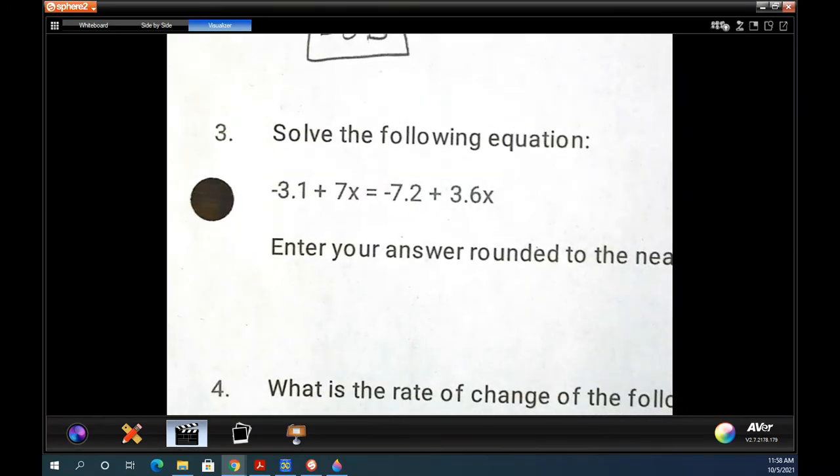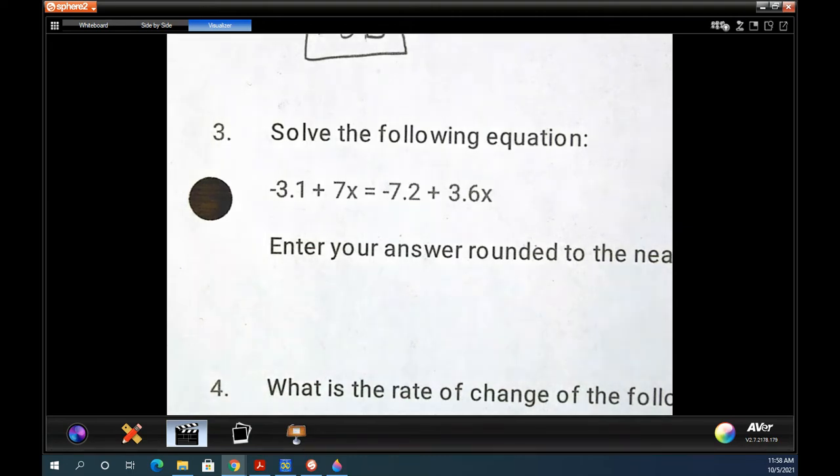See if you can get number 3. This will be in the next assignment you get. Put it in your calculator. Don't forget to follow it with comma x.